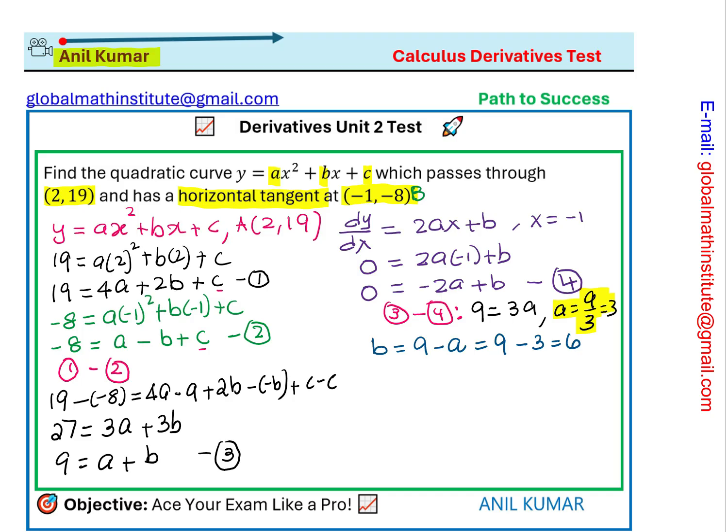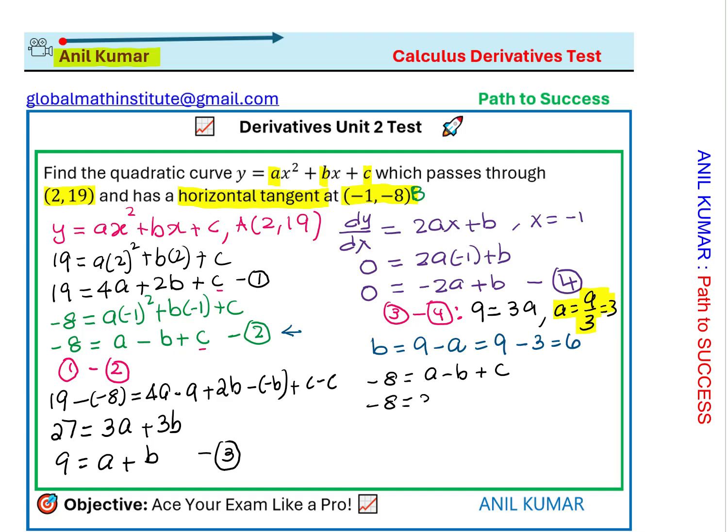Now we can find the value of c using one of our equations. A better equation to use is equation number 2, which is minus 8 equals a minus b plus c, right? So we'll substitute a, b in it and find c. So we have minus 8 equals a is 3 for us, b is 6 for us, plus c, right?